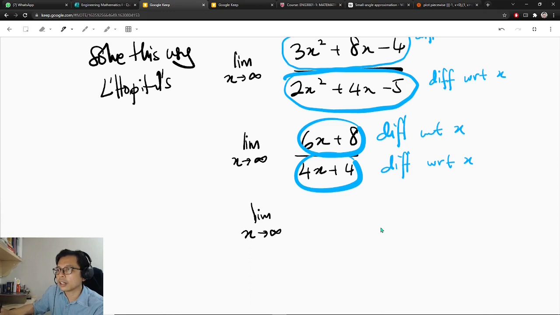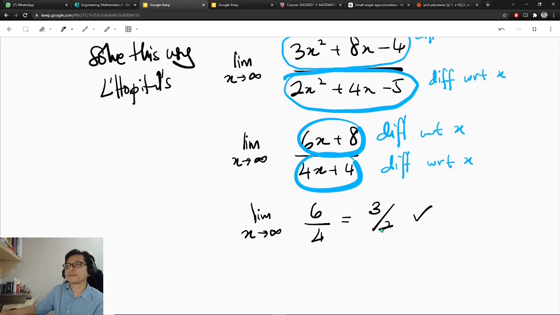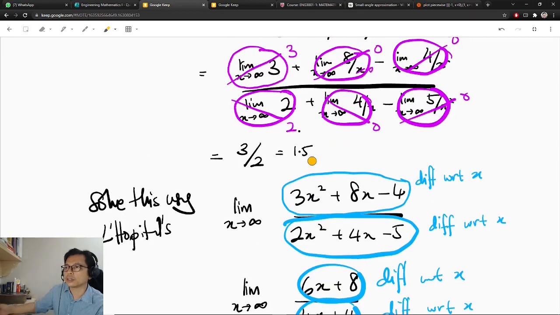So here we got 6x, differentiate, we get 6, and 8, nothing, 0. Down here you got 4x, differentiate that, you got 4, and 4, nothing. So here it becomes 6 over 4, which is equivalent to 3 over 2. Same thing. This is using L'Hopital's rule. So the answer is 3 over 2.